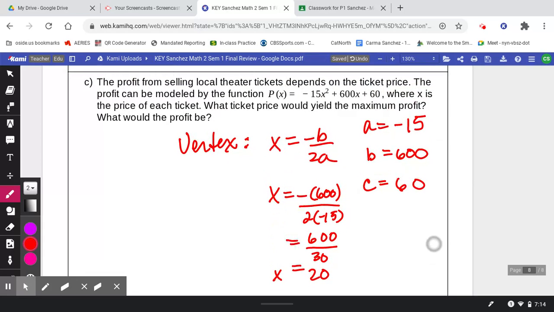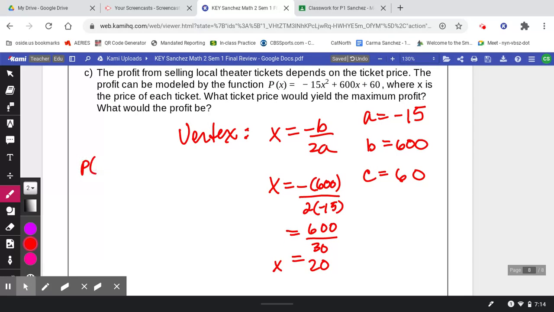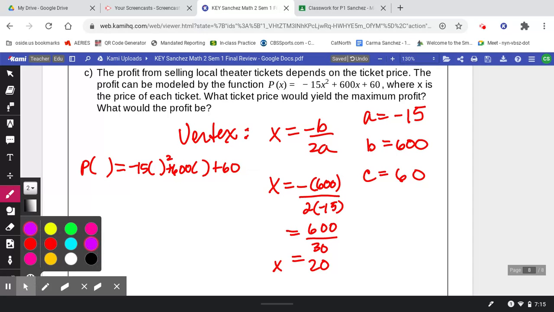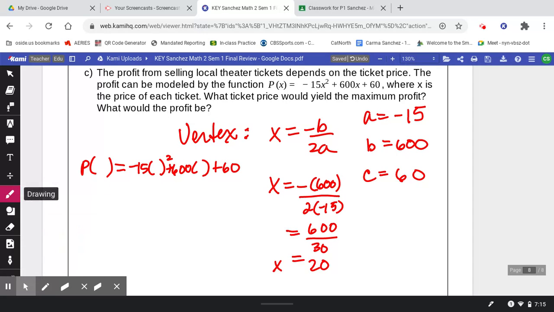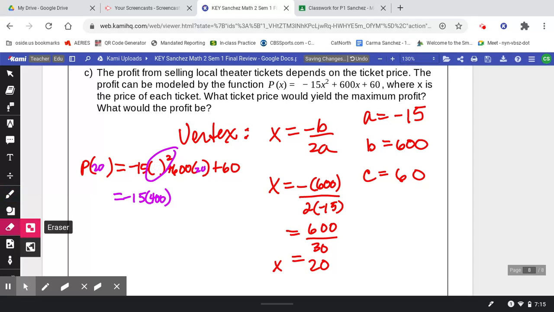Now we have to plug into the equation to get the y value, or the output. So we're plugging in 20 for x to see what we get for y. So it's negative 15 times 400, because we do the exponent before the multiply. So remember to do the 20 squared first.